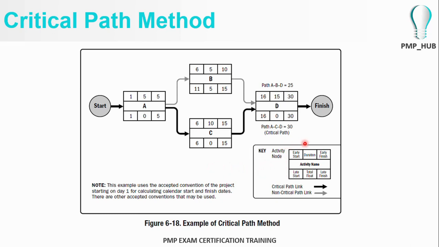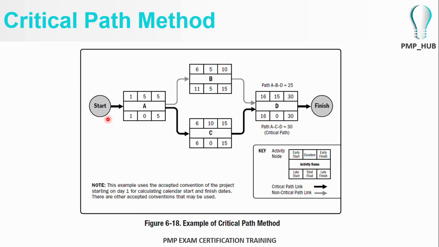Can you remember this notation, where the early start time and the early finish time, the latest start time and the latest finish time are indicated, the duration is indicated in this box, and the total float is indicated in this box. So with that revision, let's look at this network diagram.